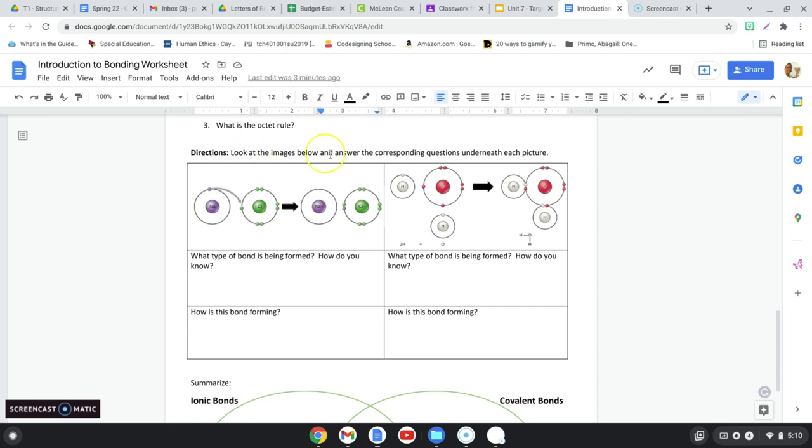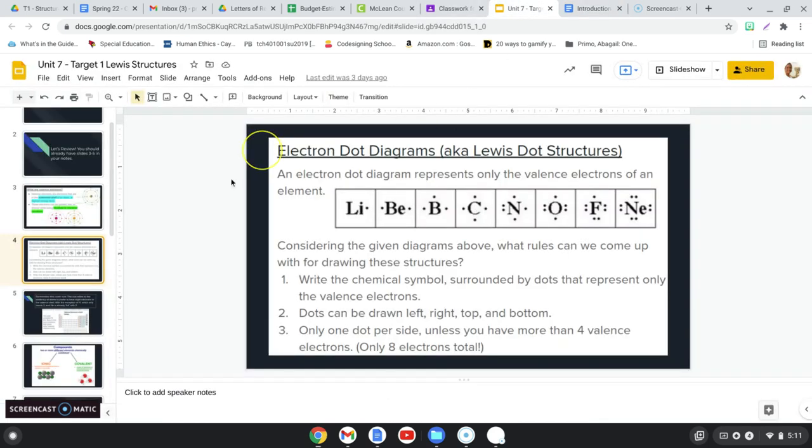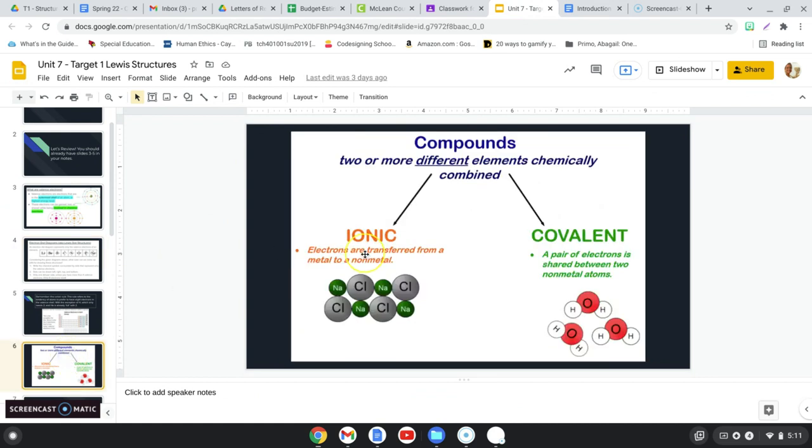Then this says, look at the images below and answer the corresponding questions. What we want you to notice here is, what type of bond is being formed? How do you know? Pay attention to whether you have a metal bonding with a nonmetal, or 2 nonmetals coming together. If it's a metal and a nonmetal, it's going to be an ionic bond.